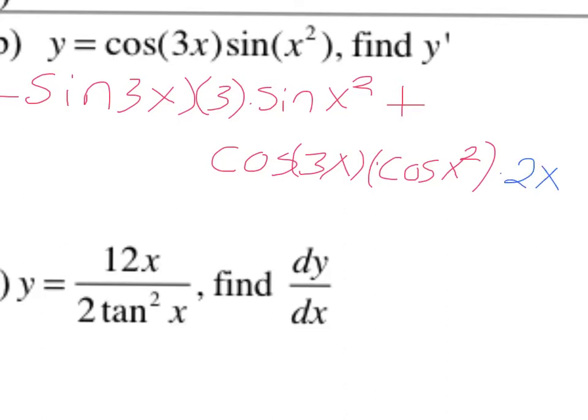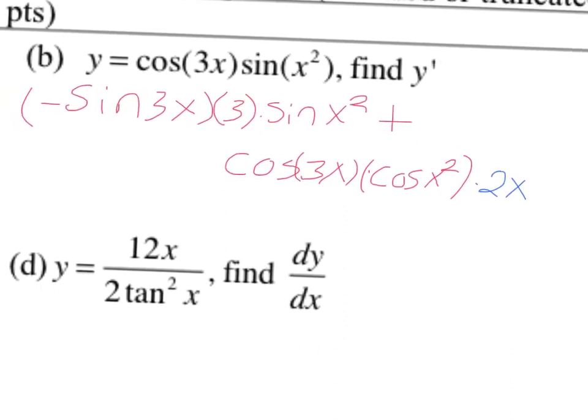The whole answer is going to be sine of 3x times 3 times sine of x squared plus cosine of 3x times cosine of x squared times 2x. The first term, I didn't say the negative, but there should be a negative there. If I zoom out a little bit, you can see it better.